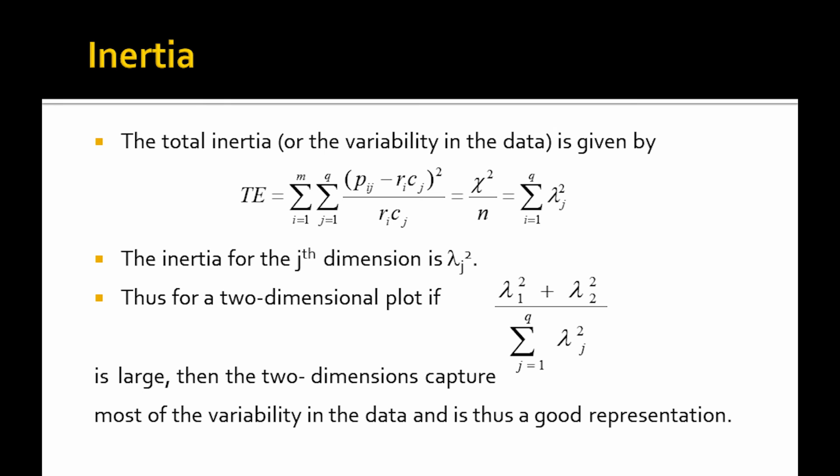If this is large, then the two dimensions capture most of the variability in this data and are thus a good representation. So if we do a two-dimensional plot and get the inertia as a large percentage, it really means that we have been able to capture most of the variability in the data and the plot is a good one. If this is small, then the representation is not good enough.